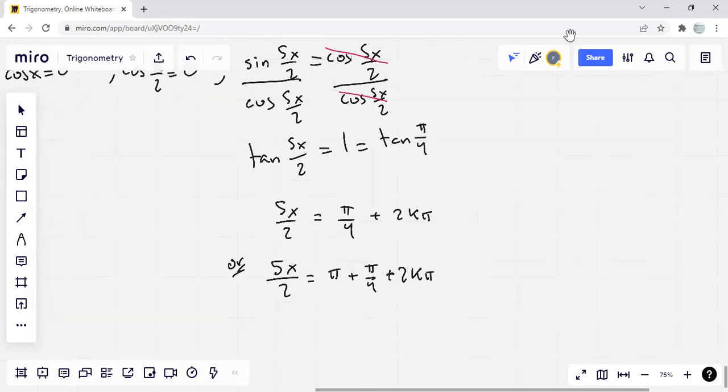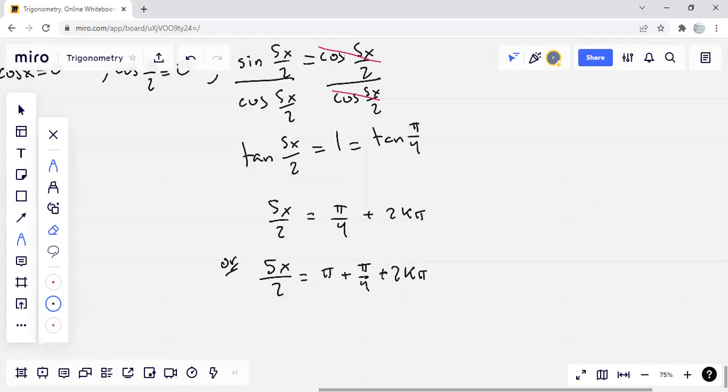Now, in order to find x, we have to get rid of the 5 and the 2. We multiply the whole equation by 2 over 5: the 2 will cancel out with the 2, the 5 will cancel out with the 5, and we'll be left with only x.